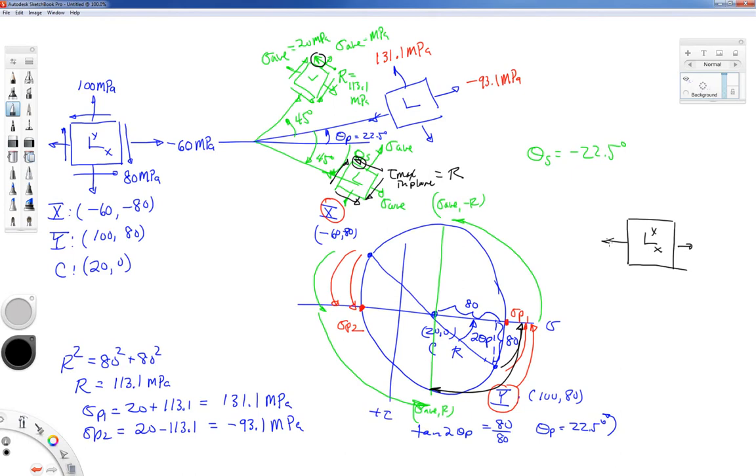Try different problems where sigma x is greater than sigma y, where sigma y is greater than sigma x, where tau xy is positive, and the same type of problems with tau xy being negative.